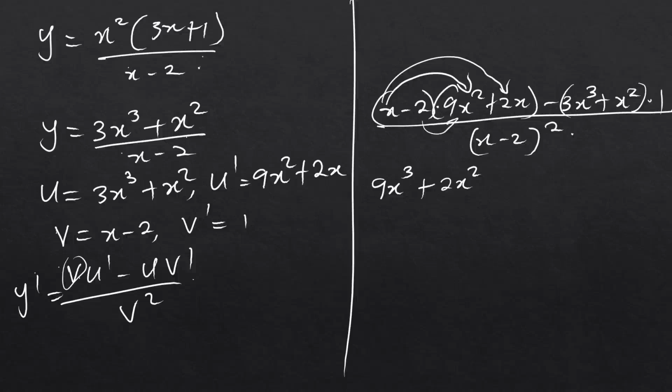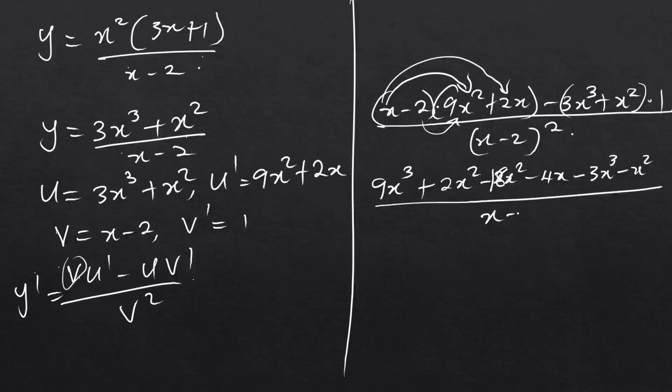Then I'm using this 2 to multiply, I have minus 18x squared, then minus 4x. So I'm opening this bracket, which is going to be minus 3x cubed minus x squared, all over x minus 2 all squared.